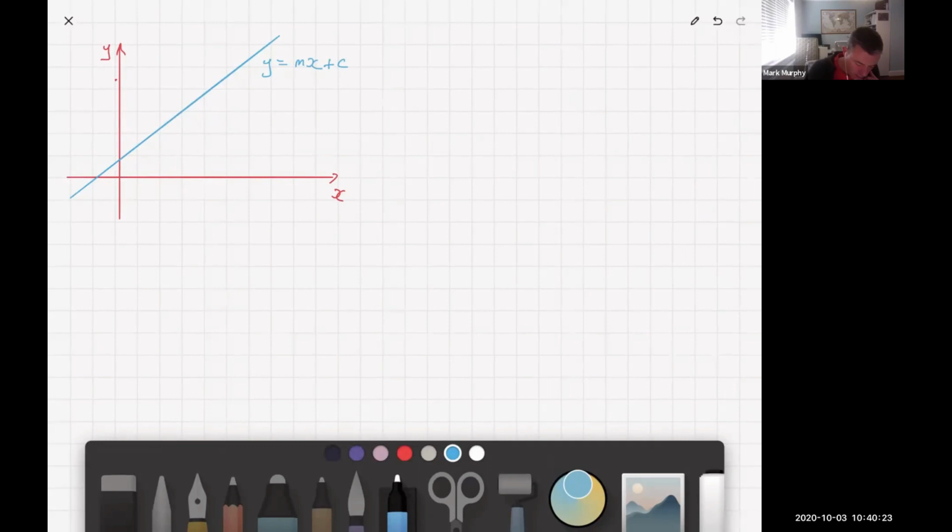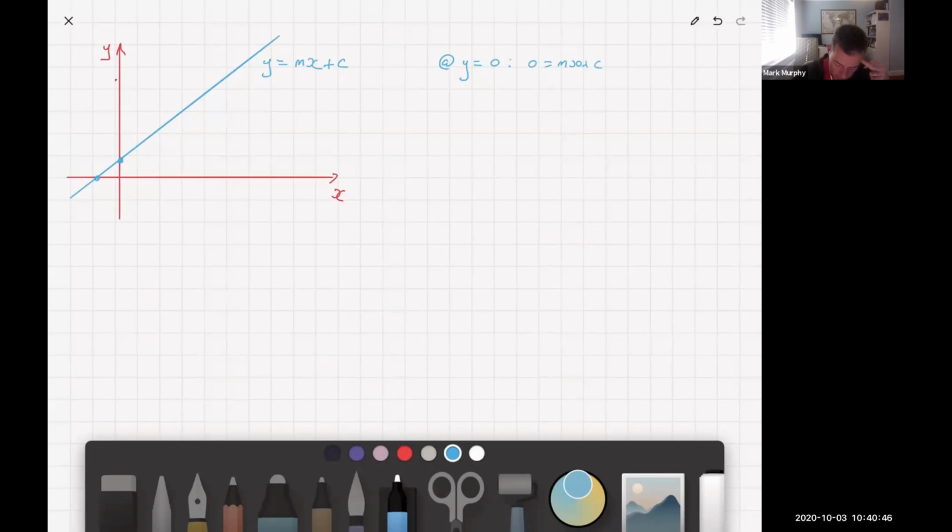Now, you notice that it crosses the y-axis at a point and it crosses the x-axis at a point. So remember at the very start when I did the basics, at y equals 0, that's the x-axis. So at y equals 0, let's plug that into the formula: 0 is equal to mx plus c.